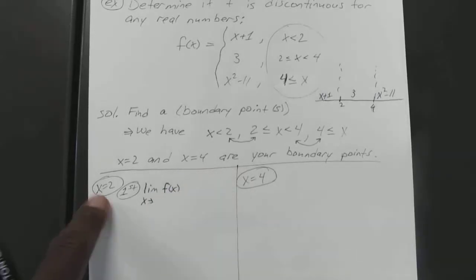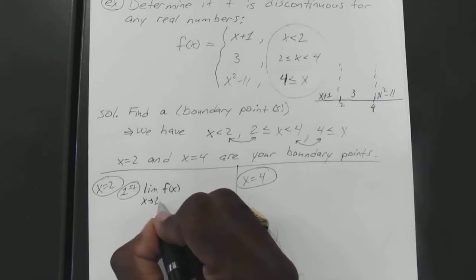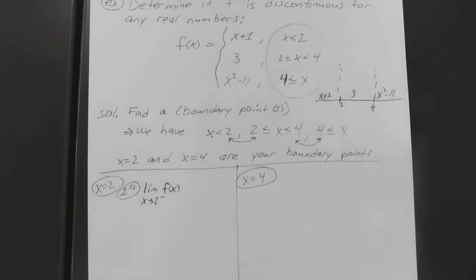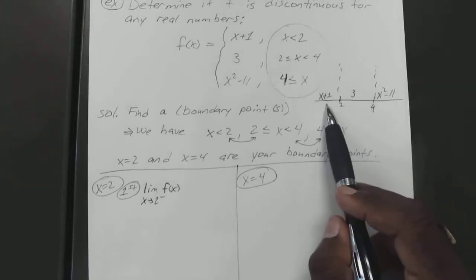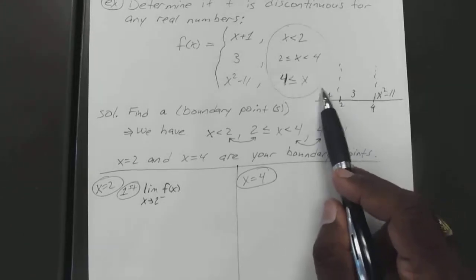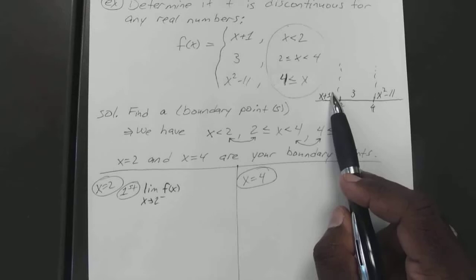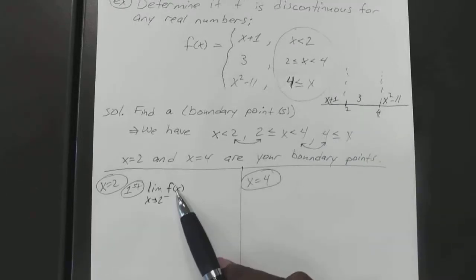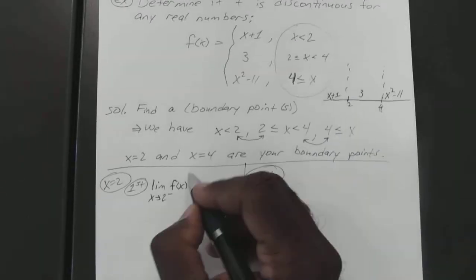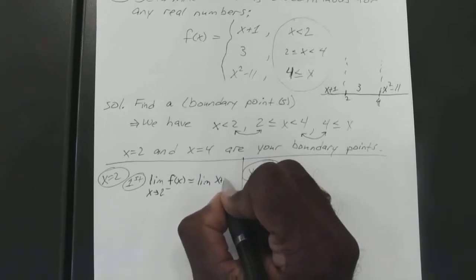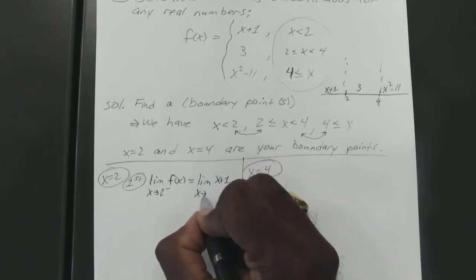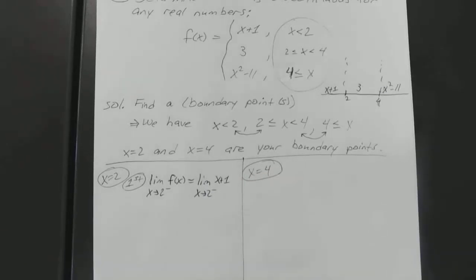Okay, so the limit of f of x as x approaches, we're going to use 2 for now, 2 from the left. If you look at your number line, if you're approaching 2 from the left, then your f of x is x plus 1. So now you just replace that f of x with x plus 1. So that's the limit of x plus 1 as x approaches 2 from the left.